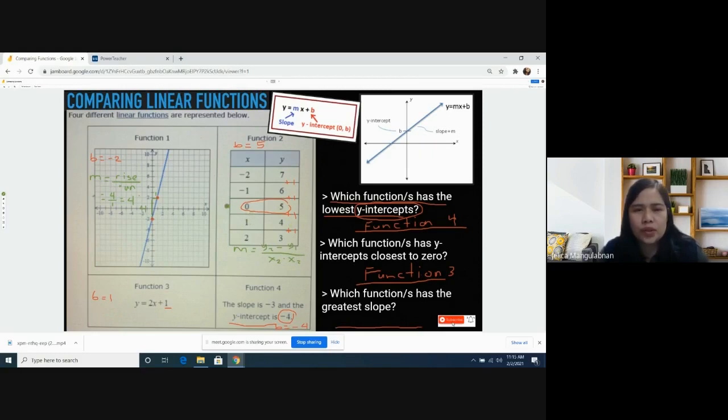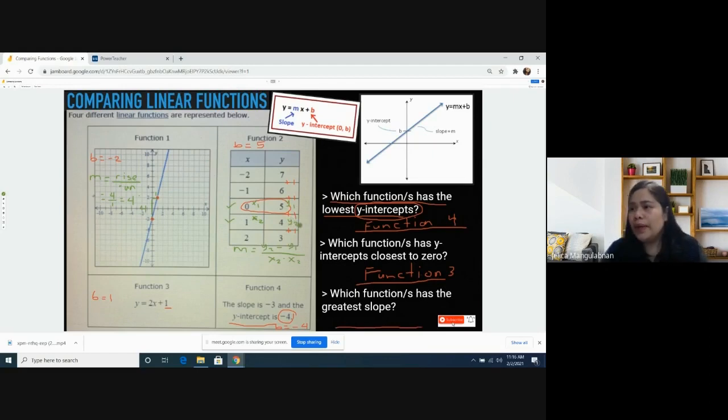We can use this point and this point. Any point may do, but I prefer to use the lowest number and a positive number. So this will be the x sub 1, and this is the y sub 1. And x sub 2, and then y sub 2.